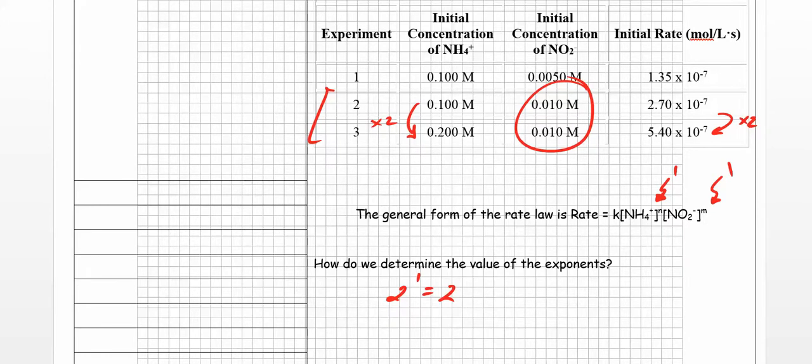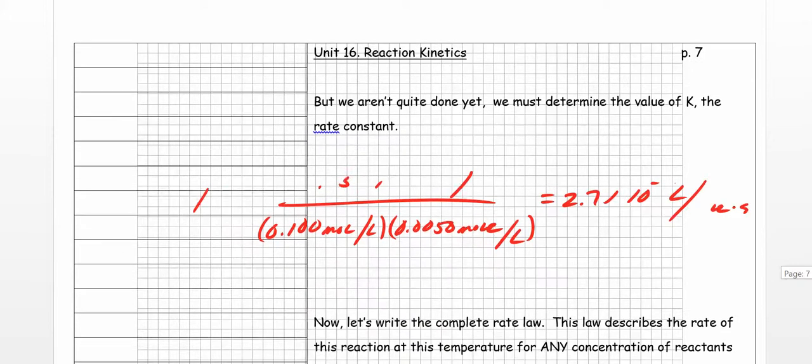We're going to use the first trial, the 0.100 molar for the NH4 plus and the 0.0050 for the NO2 minus, and the initial rate for those two concentrations is 1.35. So we're simply going to plug in rate is equal to 1.35 times 10 to the minus 7, which is equal to k times NH4 plus to the first power, NO2 minus to the first power, and that's how we'll determine the value of k. k then is equal to 1.35 times 10 to the minus 7.